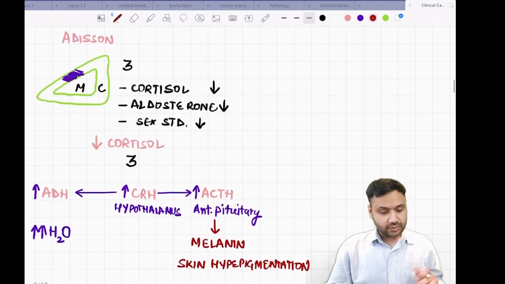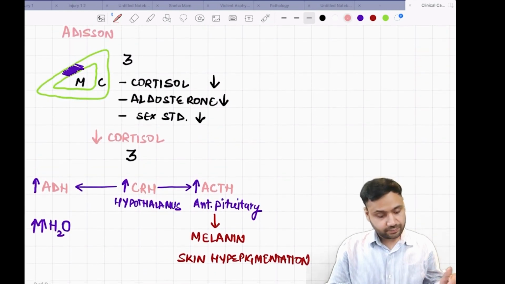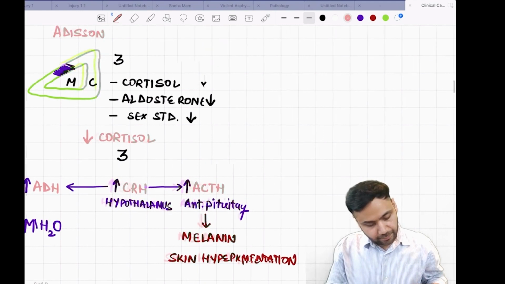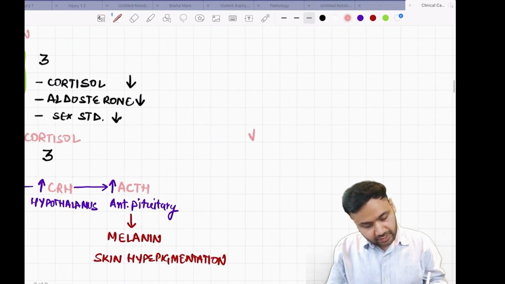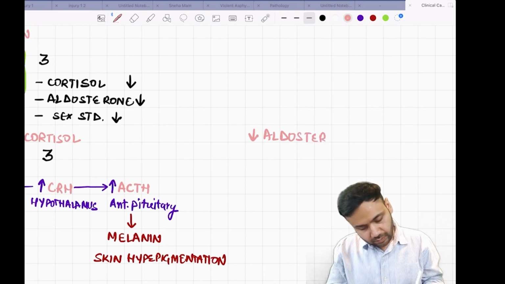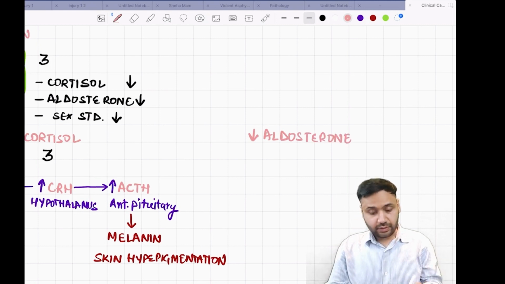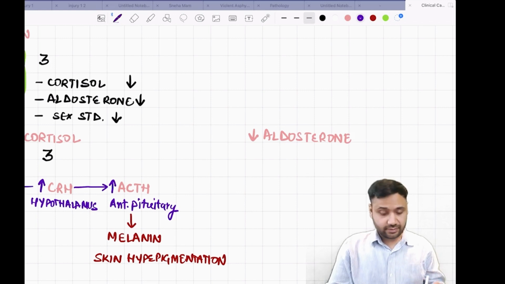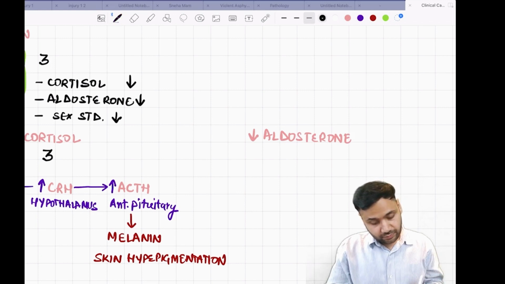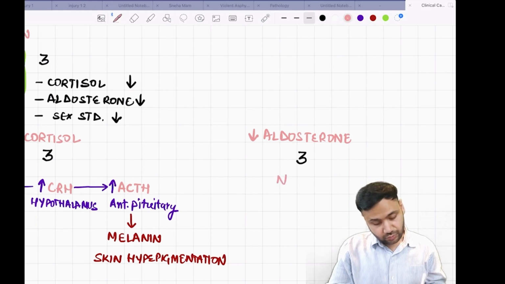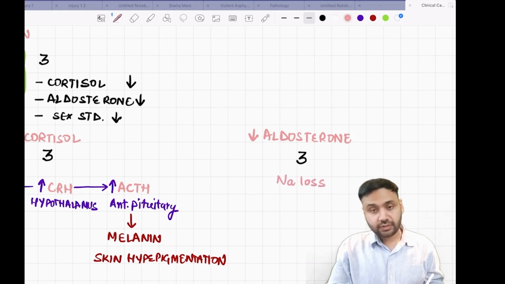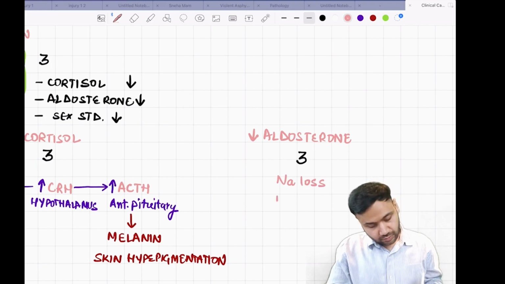Now let's see what decreased aldosterone does. Decreased aldosterone leads to three effects. These are sodium loss, potassium and hydrogen retention.